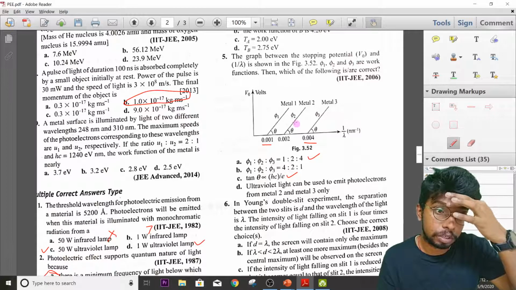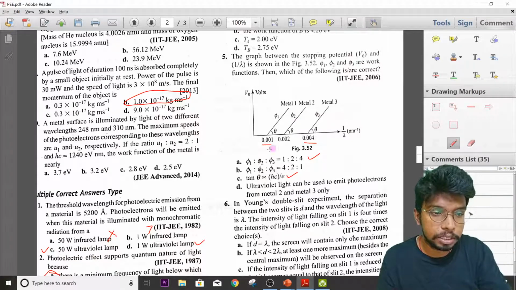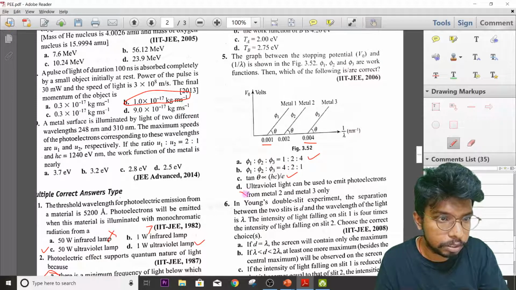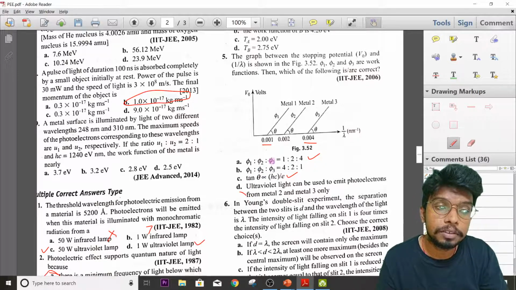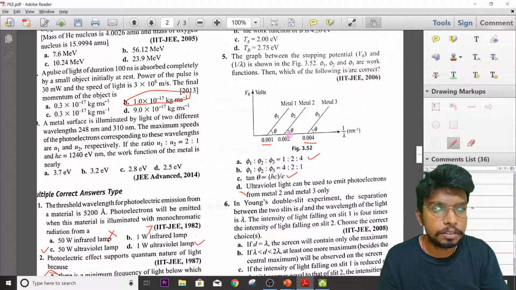So D cannot be true. The answer should be A and C, and this is the case.